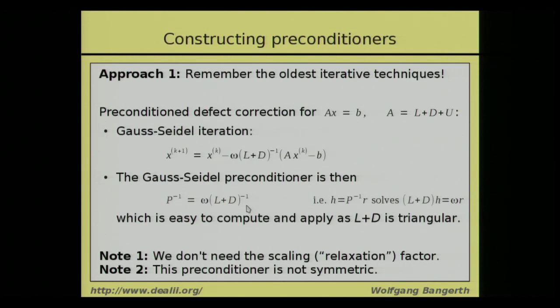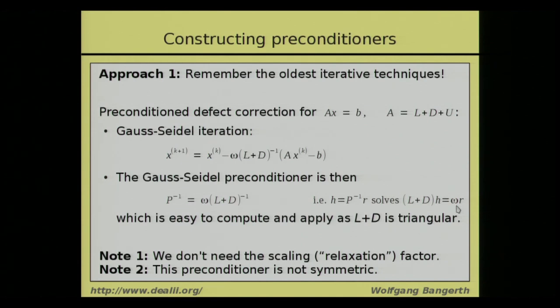And it's going to consist of the inverse of this thing here. And you remember that I have to multiply with this P to the minus 1. So what does it mean to multiply with L plus D to the minus 1? Well, if I multiply a vector r with P to the minus 1 to get a vector h, and P to the minus 1 is this thing here, then that is equivalent to solving a linear system L plus D times h equals omega times r.